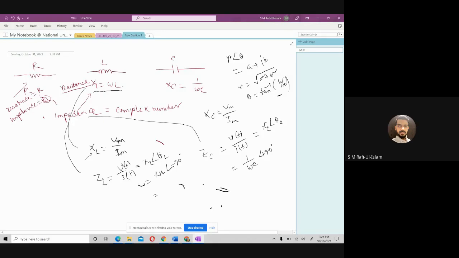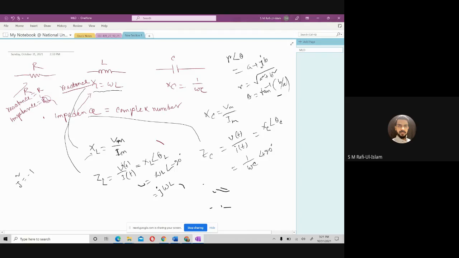So if I convert this into Cartesian form, this one would be omega L times J. Generally we write i, but in complex numbers we write J. J is the imaginary number. J square means -1. Because i means current, right?